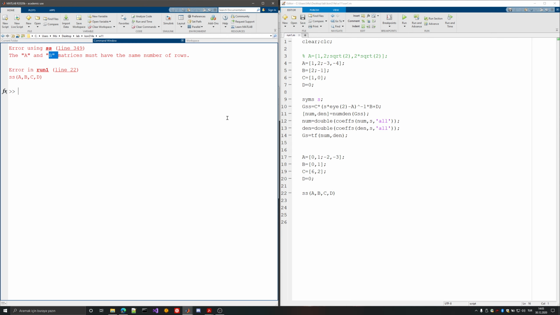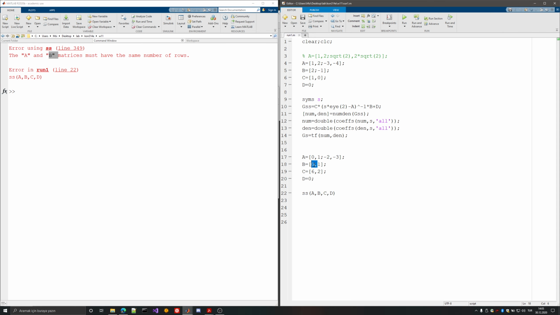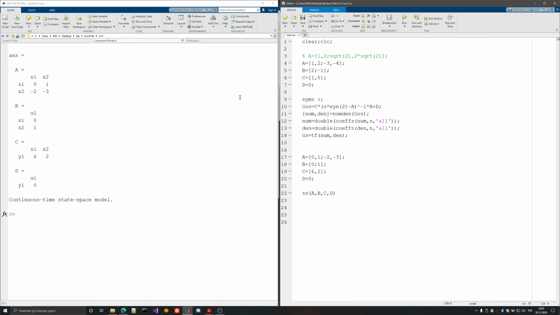A and b, so b should be a column vector. So there we go. And you can pass it back to the transfer function object, and what you will get is the same, the point where you started.